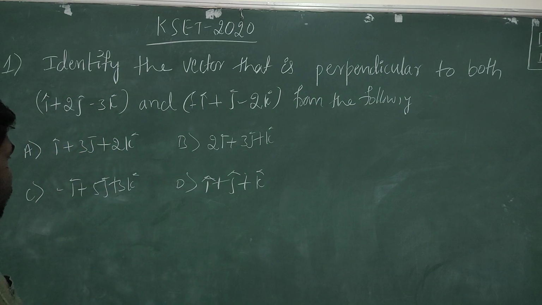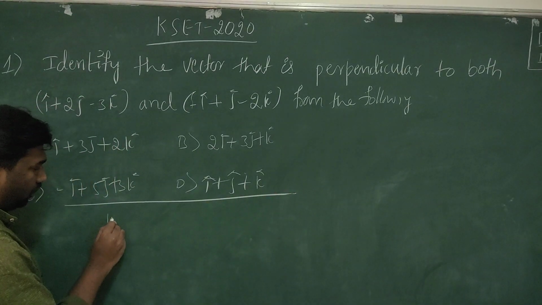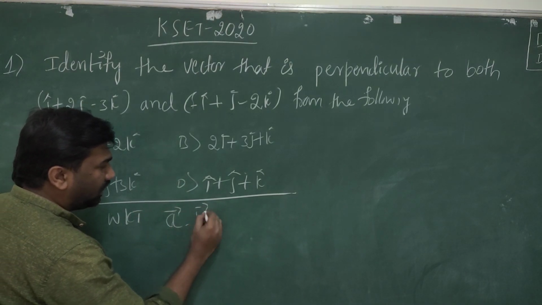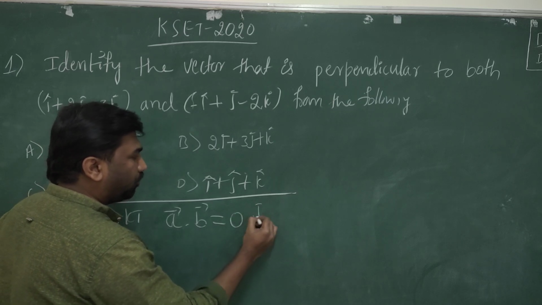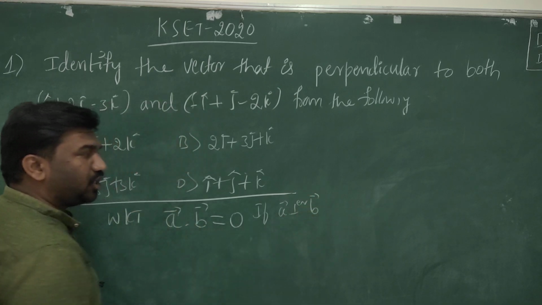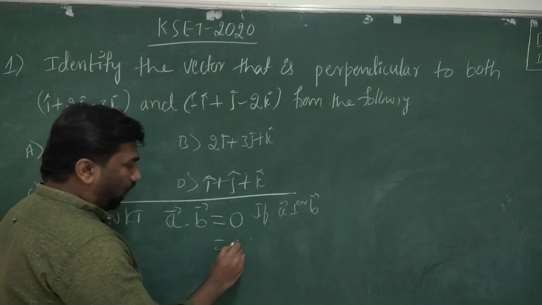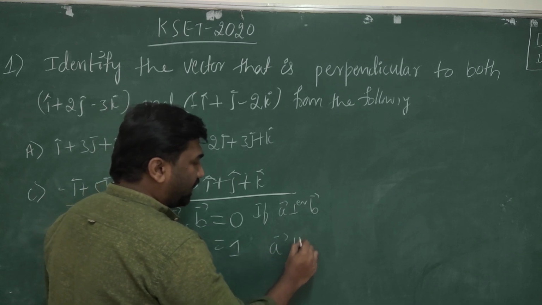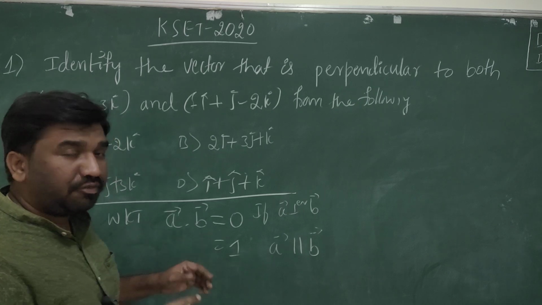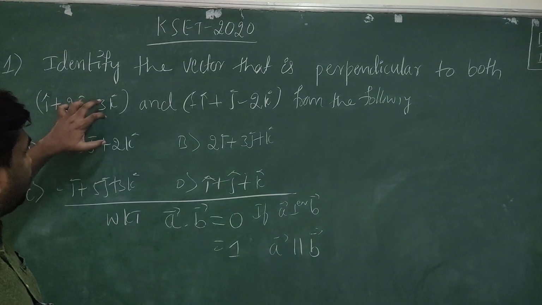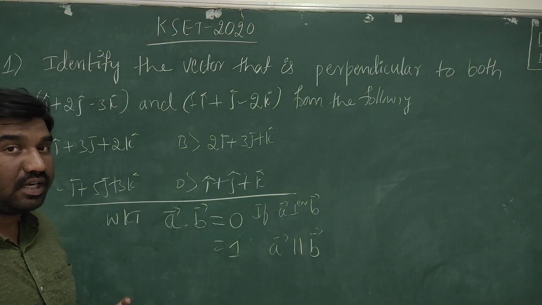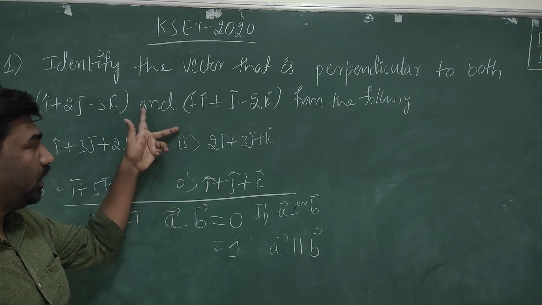To calculate, we know that the dot product of any two vectors is equal to 0 if A is perpendicular to B, and it is equal to 1 if vector A is parallel to B. Now, we take a dot product of the vectors with each of these, so we have to verify each one and find in which case the dot product gives 0.